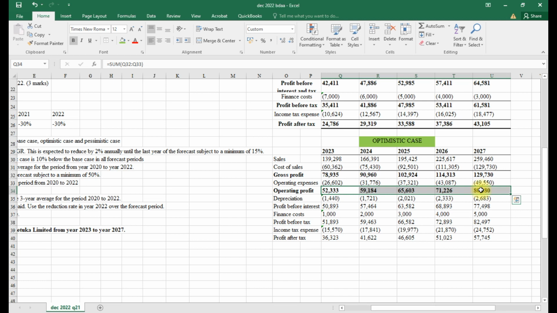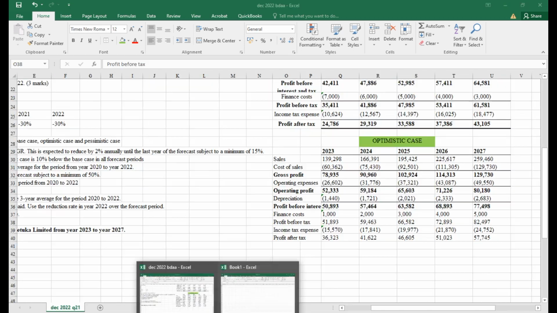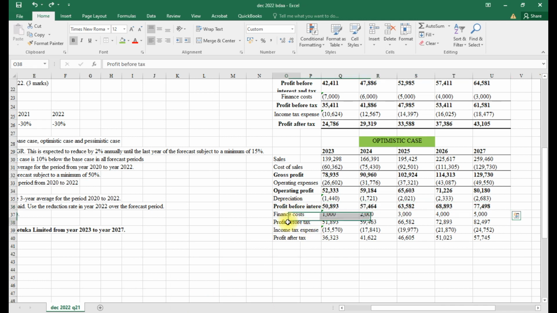This one we bold and add a top border, then the profit before interest and tax, bold this and add a top border, then profit before tax, we'll highlight this, bold it and put the top border.